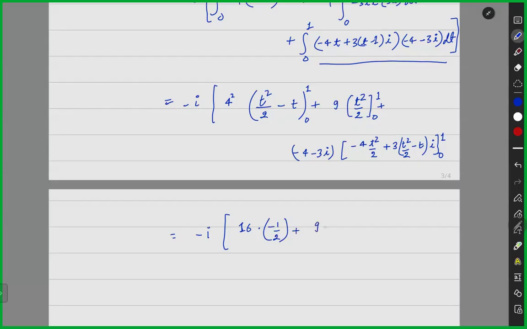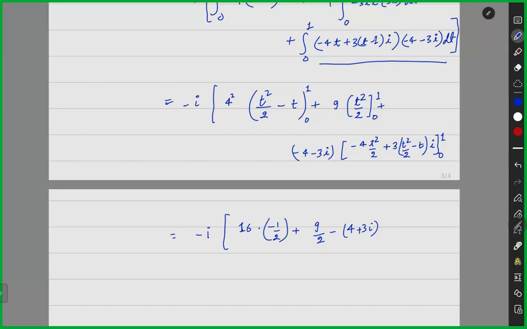At 1 it is 1 by 2, so no problem. 9 by 2, minus (4 minus 3i), or 4 plus 3i, we can take minus outside. Now at t equal to 0 we are getting 0, at t equal to 1 we are getting 4 by 2.